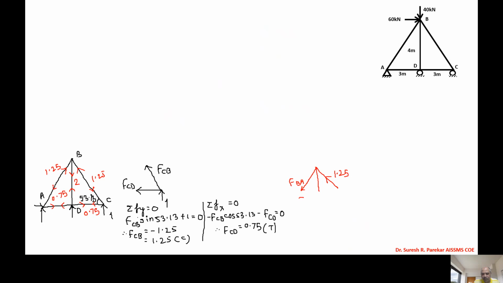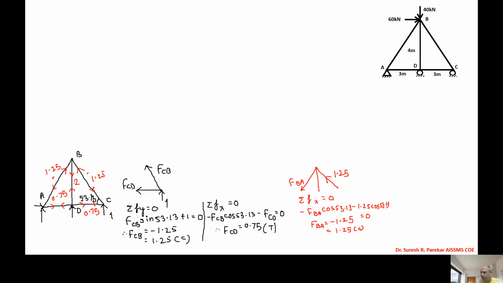If we apply summation Fx equal to 0, then we have minus FBA cos 53.13 minus 1.25 cos 53.13 equal to 0. We will get FBA as minus 1.25, and minus indicates it is again compression. And then both components of this end are 1 upward, so automatically this is 1 downward.